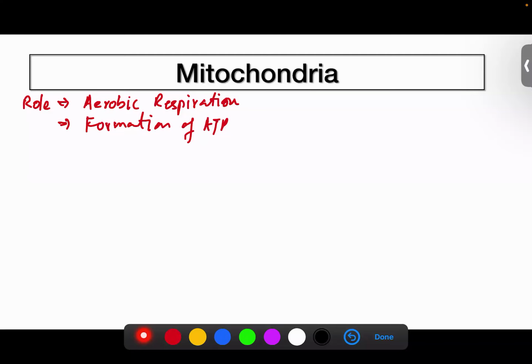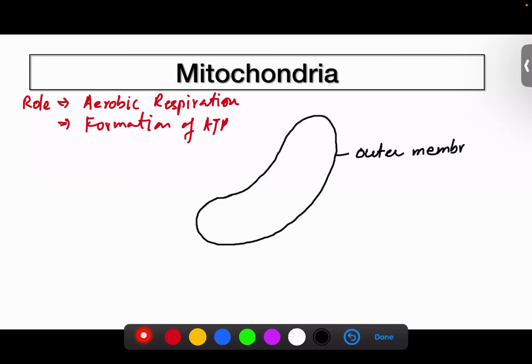If we look at the structure, they are sausage-shaped or rod-shaped. They are also double membrane-bound cell organelles. The outer membrane, in this case, is smooth. This is an outer membrane. Then we have an inner membrane.